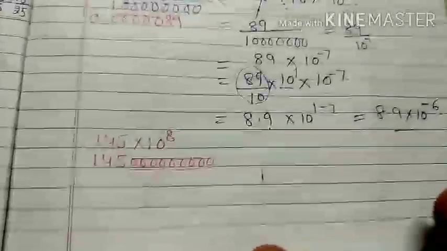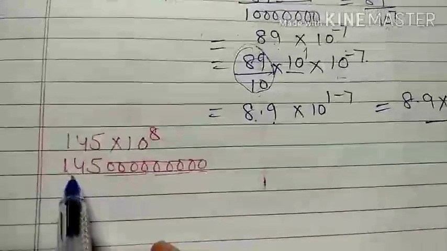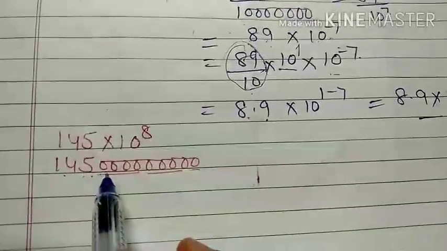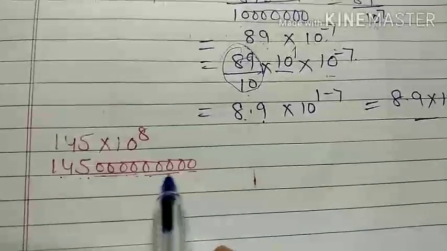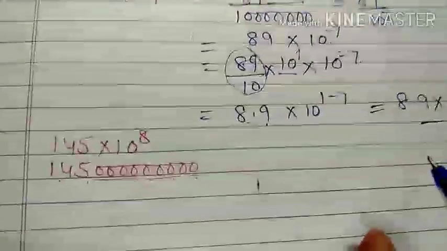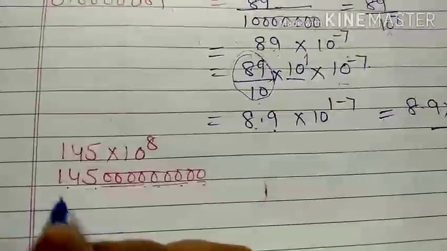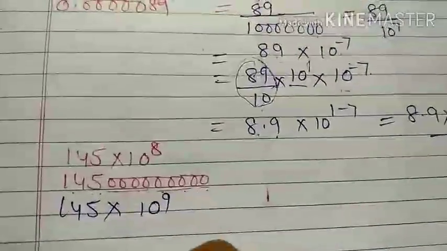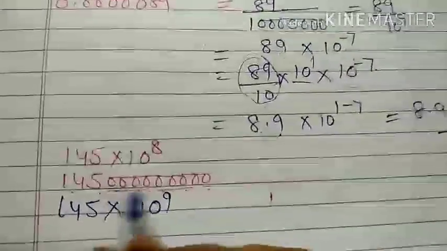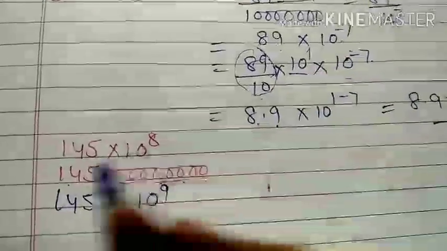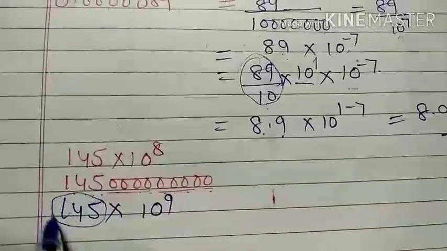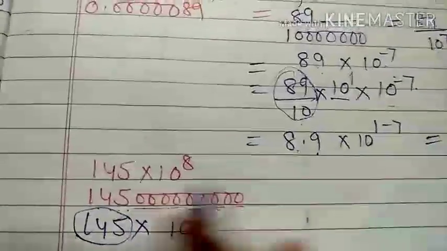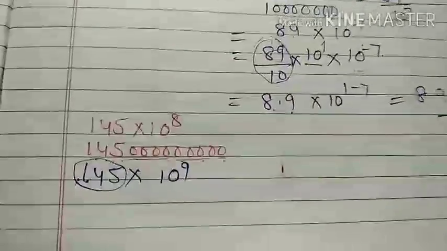If I have a question like this, 1, 4, 5, and then 1, 2, 3, 4, 5, 6, 7, 8, 9 zeros with it. That means 145 into 10 raised to power 9. I first keep the zeros separate. Now I need to convert this into standard form. After one digit, I need a decimal here.